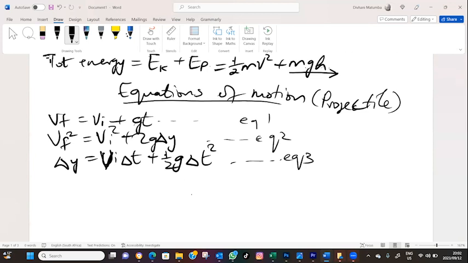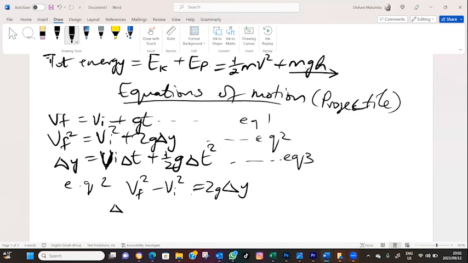Now, if you take equation 2, and you take v initial squared to the other side, you will have v final squared minus v initial squared equals 2g change of y.